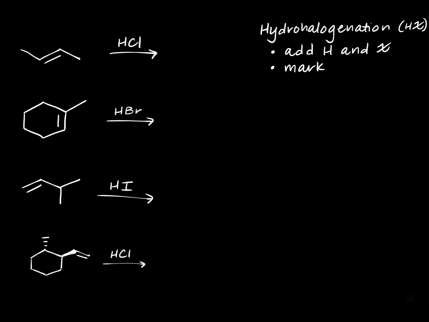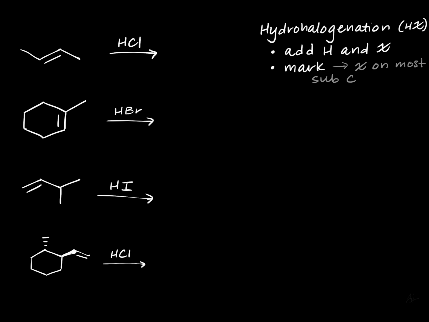And that simply means that we're going to place the halogen, so the non-hydrogen atom, on the most substituted carbon. So we have an option between a tertiary carbon and a secondary carbon of our double bond.